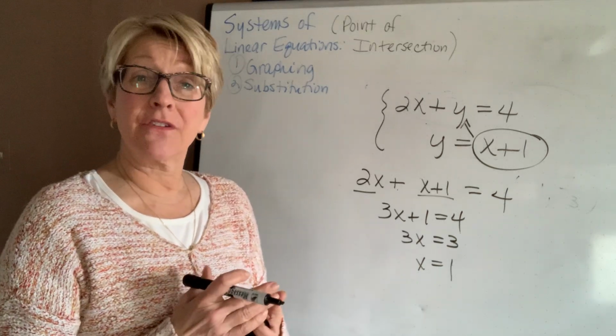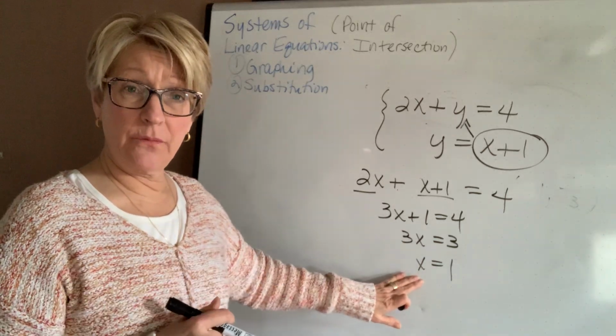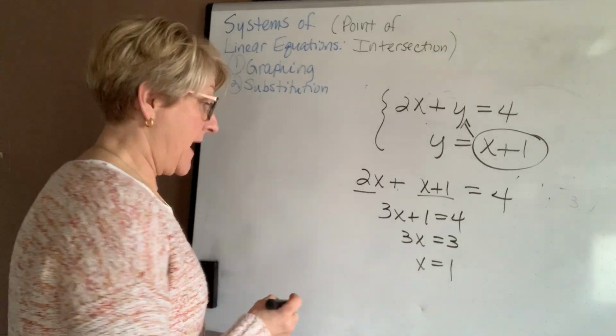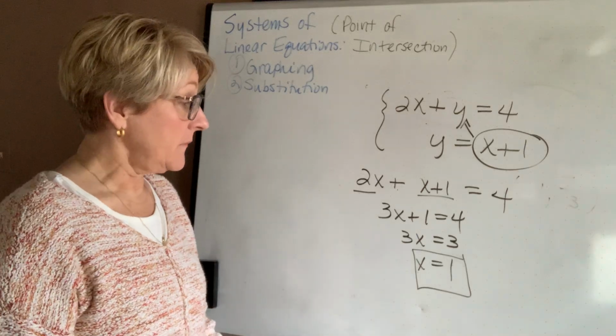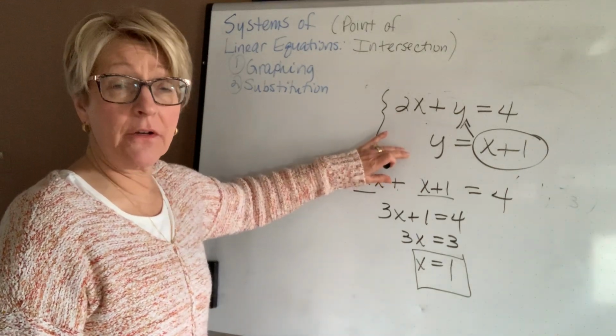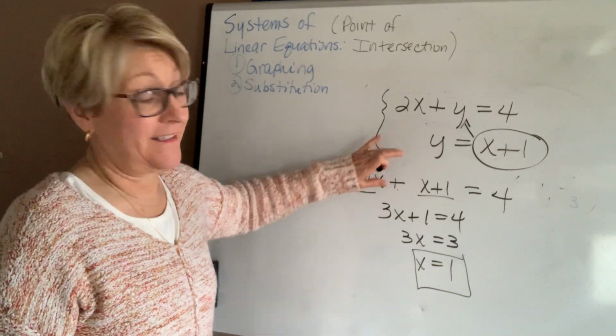Of course, it's only half the story. Because I have an x value, I do not yet have the y coordinate. So now I'm going to take that number and plug it into either of my equations. It doesn't matter. And solve for y. And it looks easy, right?